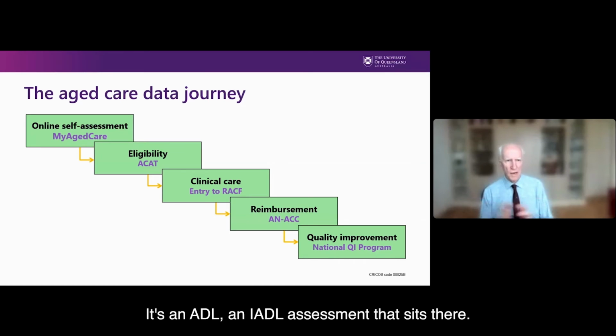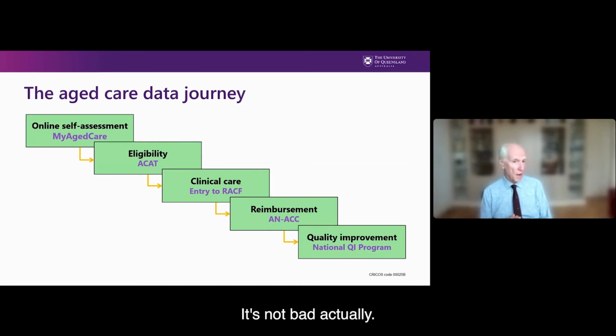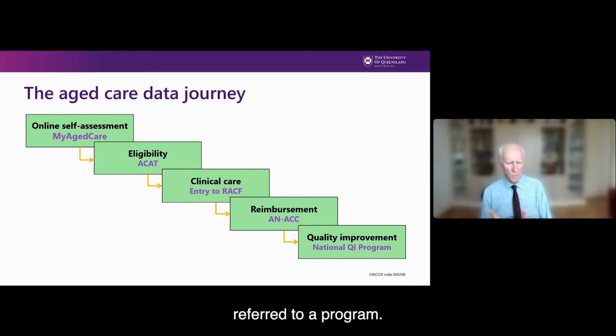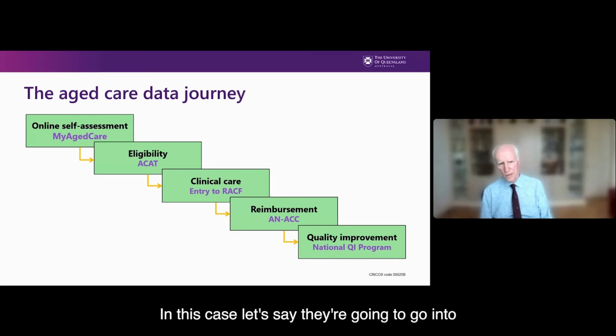It's an ADL, an IADL assessment that sits there. It's not bad, actually. It characterises the person's needs. And then that person, through that portal, would find their way into an aged care assessment service, and an eligibility assessment is done. In other words, their needs are evaluated and they're referred to a program. In this case, let's say they're going to go into residential aged care.